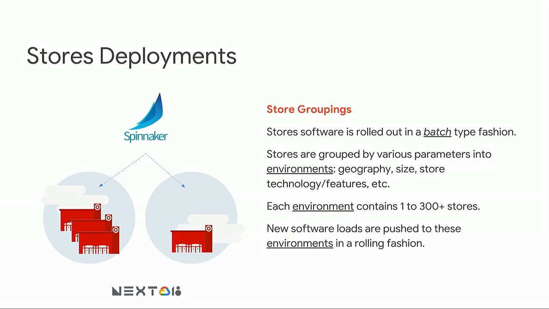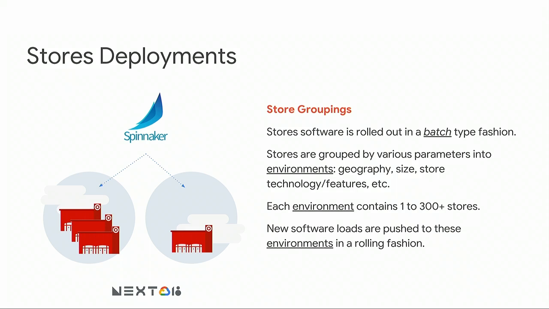So the first thing that we do is we group our stores into groupings and environments based on things like geography or size of the store or features or technology that we have installed in them. These environments can consist of anywhere from 1 store to 300 stores. And when we push new software loads out to the stores, we roll them out to these environments in a sort of batch fashion, right?